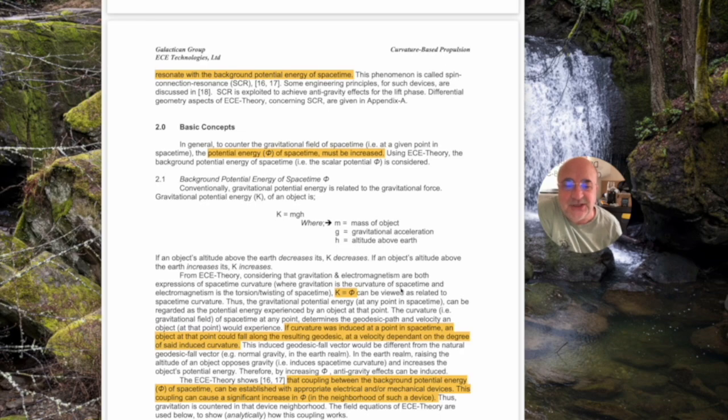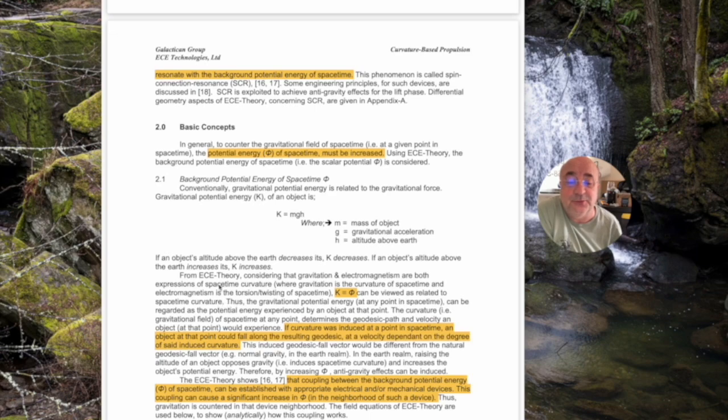Where gravitation is the curvature of space-time and electromagnetism is the torsion, twisting of space-time, K is defined as phi. So he's defining this potential energy of space-time as mass times g times h. So just Newton's potential energy. K equals phi can be viewed as related to space-time curvature.